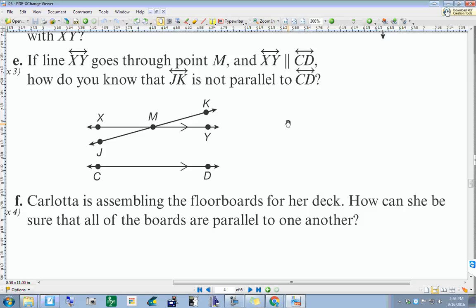Yeah, it does. We see that right here. What's the deal? Why isn't this parallel to this down here? Remember I said those postulates and theorems, we got to have a reason. Yes, ma'am.